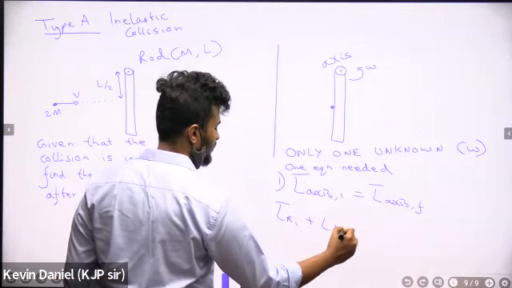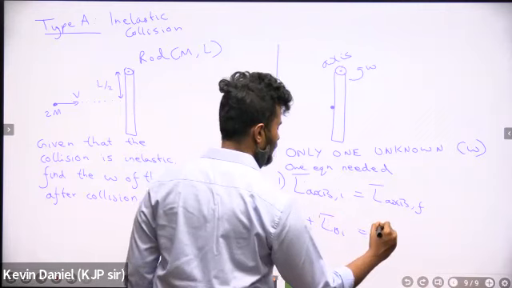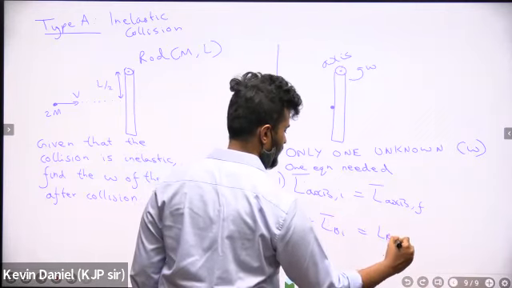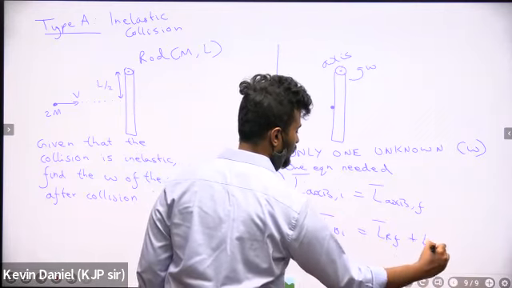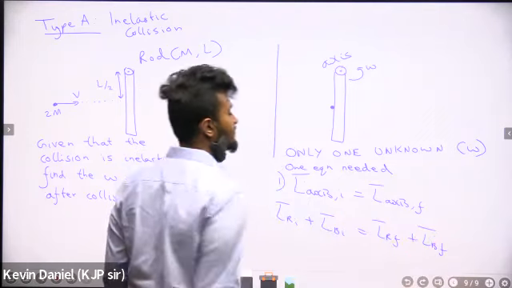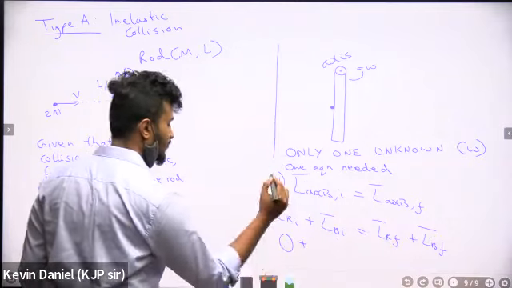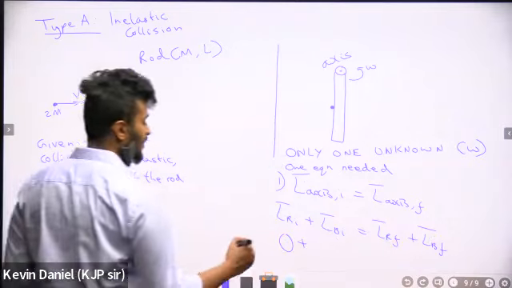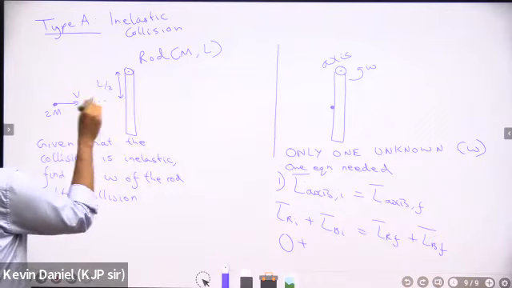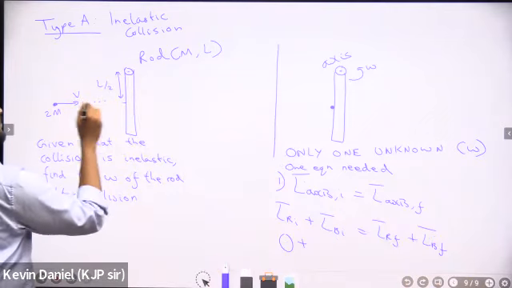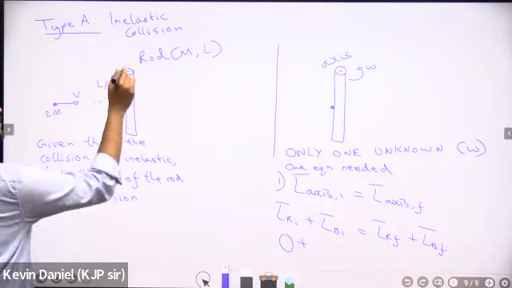So L rod plus L ball initially, and L rod plus L ball finally, in both systems. The rod's initial angular momentum is 0. The ball's initial angular momentum is like a particle, so mvr is the formula, mv into perpendicular distance, so 2mv into L by 2.